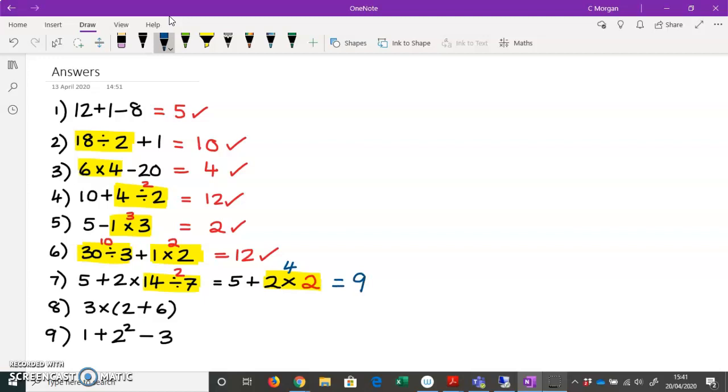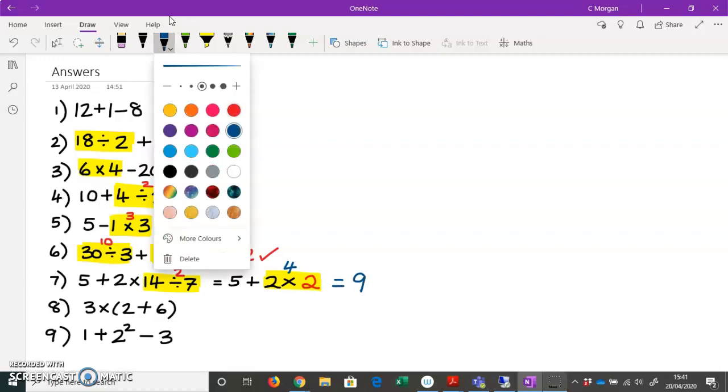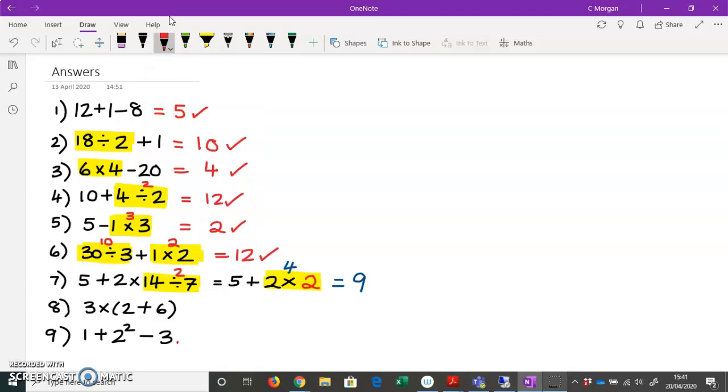is 9. In my next question, I know that brackets always have to be calculated before any other operation. So 2 add 6 is 8. And I know that 3 multiplied by my answer of 8 is 24. In my next question, I know that I always have to do the most powerful thing first.